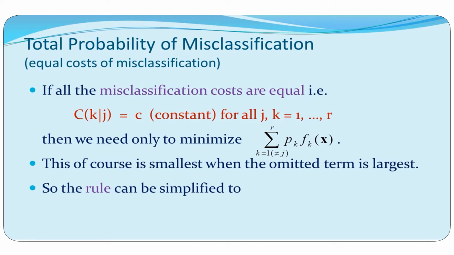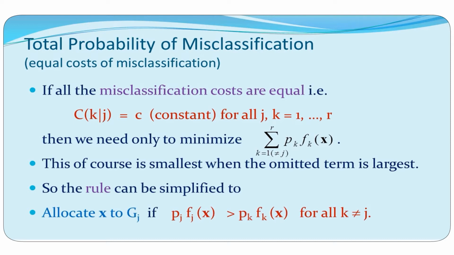And because if you are taking over all of the k equal to 1 to r, that would cancel out for different j's, and it will just be a choice between the pj into fj(x). So the minimum would come out as the largest of these values because you have a negative sign. So the rule can be simplified to allocate x to gj if pj fj(x) is greater than pk fk(x) for all k not equal to j.